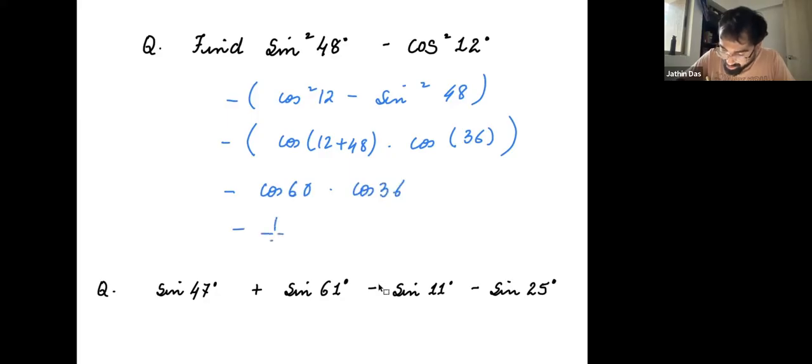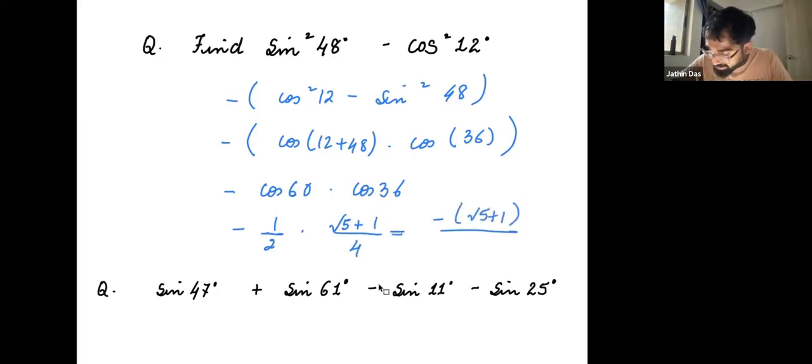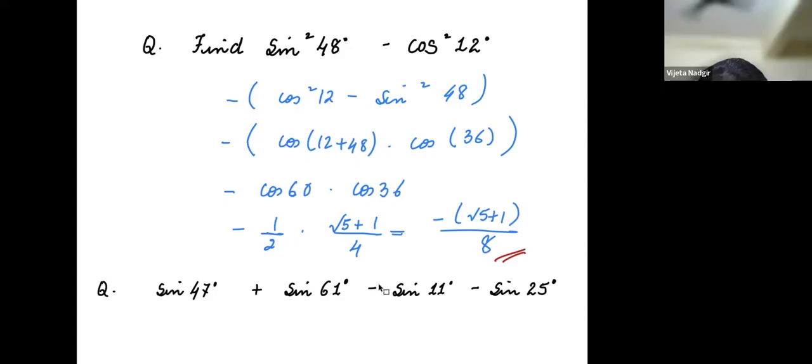Cos 60 is half. Cos 36 is root 5 plus 1 by 4. So half minus root 5 plus 1 by 8. Okay.